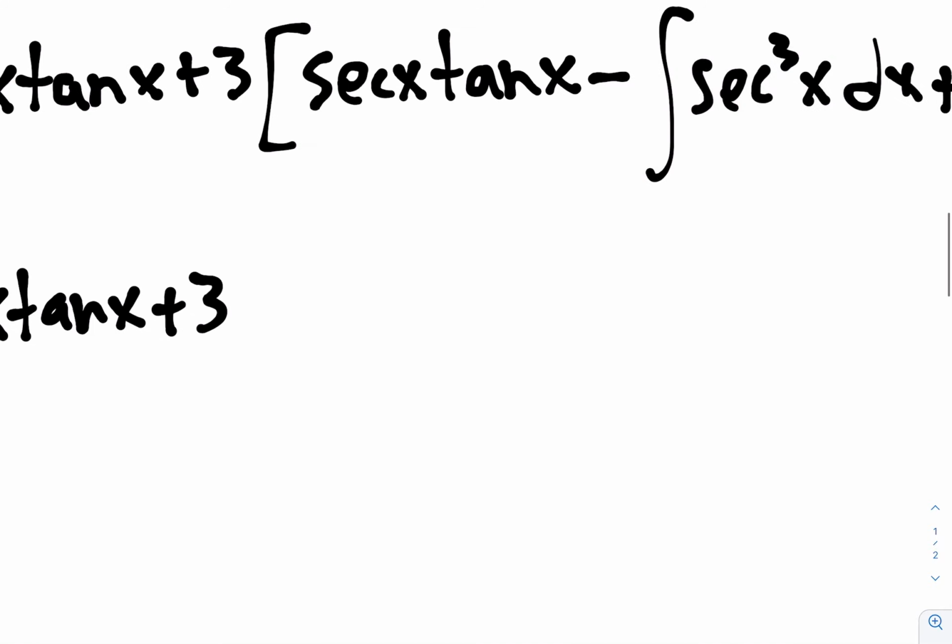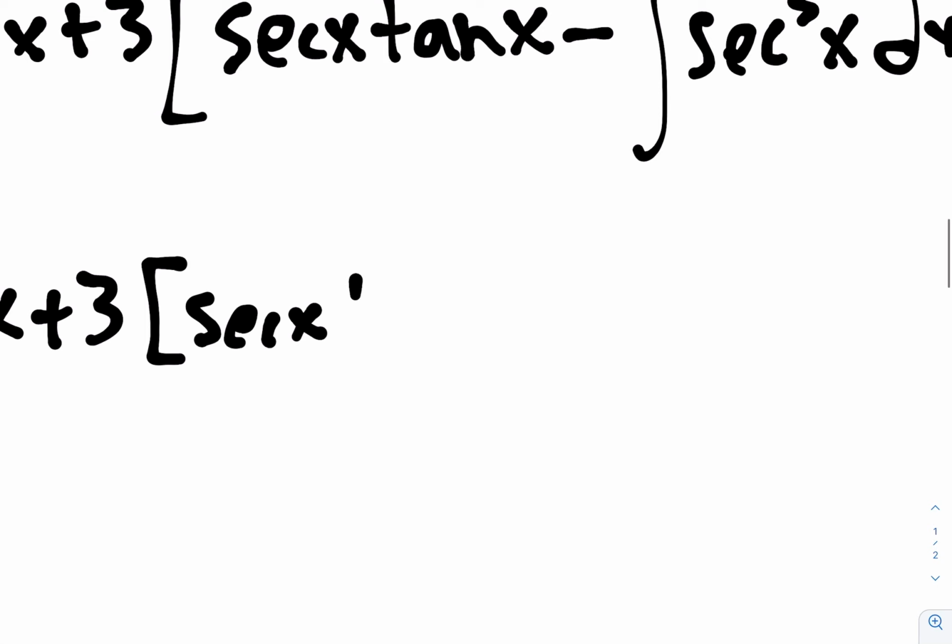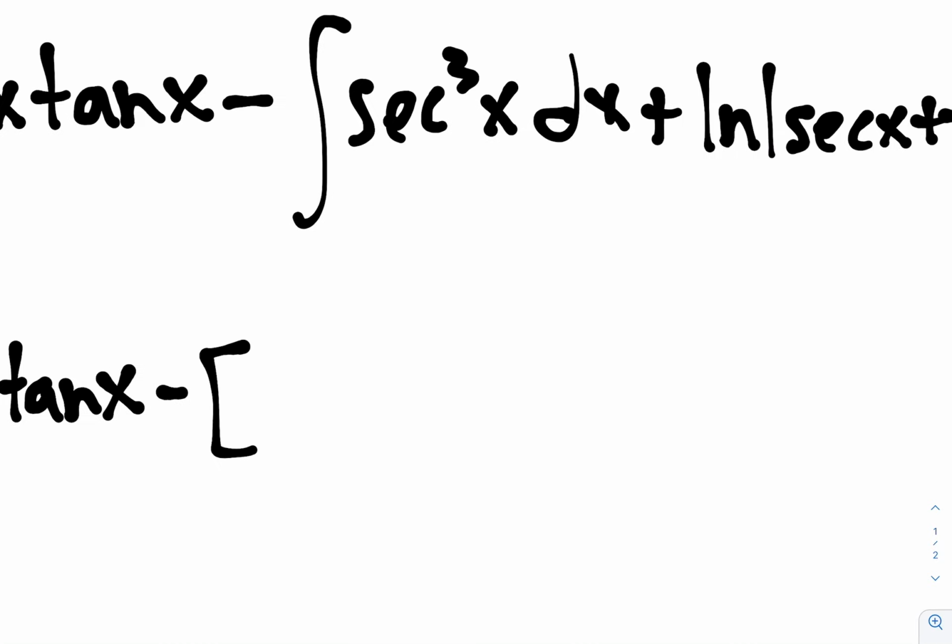Okay, so the inside, the start is still the same. Secant x tan x. And then we're subtracting. Once we use our substitution rules, we're going to figure out that we can simplify this to 1/2.